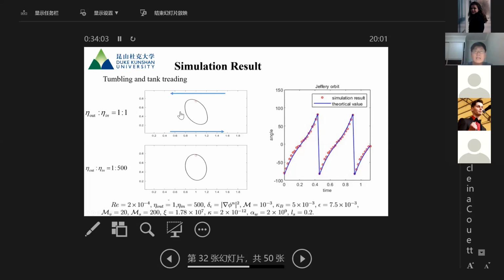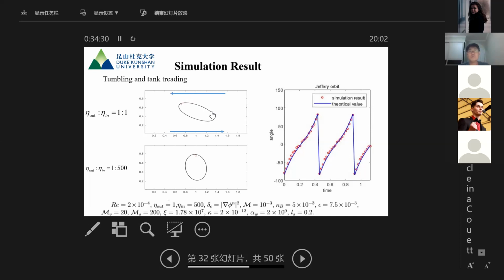Then let us see what happened, okay? If my internal fluid and outer fluid have almost the same viscosity, you can see that in the beginning, the cell has a little bit of rotation, and then the angle between the cell's long axis and the horizontal does not change, but the cell membrane actually is still moving, okay?